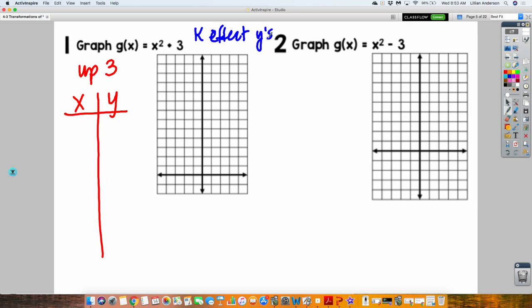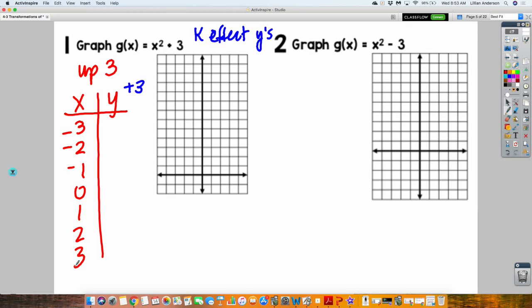So that means in the table on your original graph, you're going to add 3 to every single one of those y values. Your x's stay the same, but you're going to add 3 to all of those original y values.